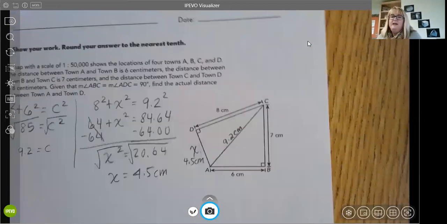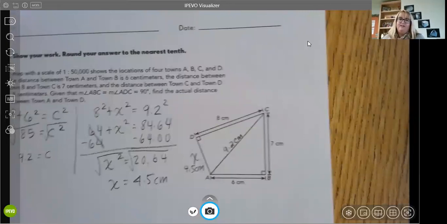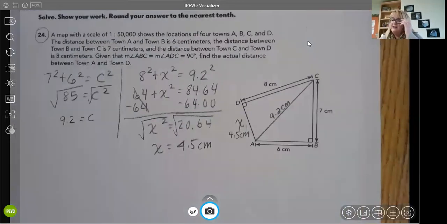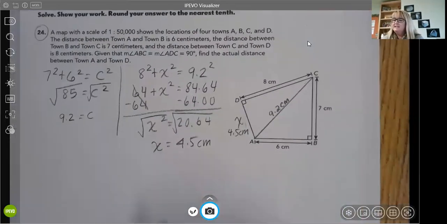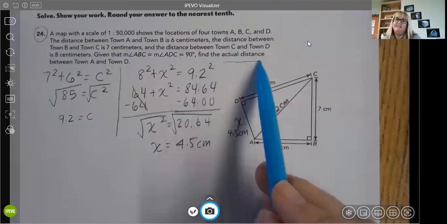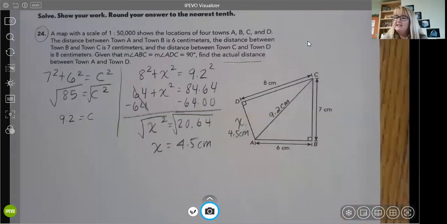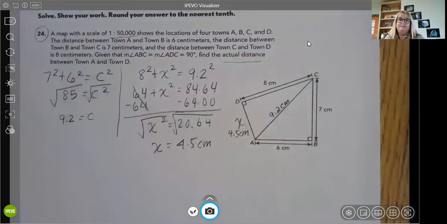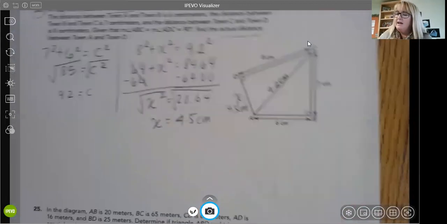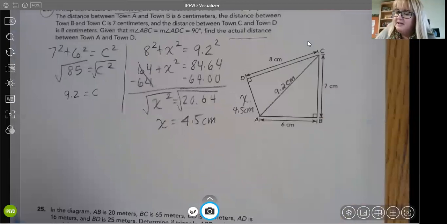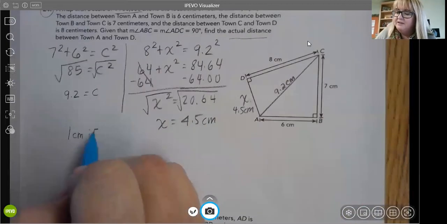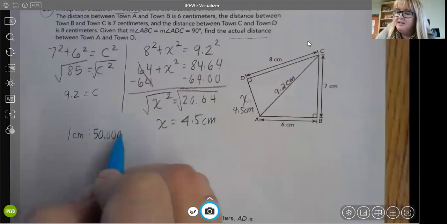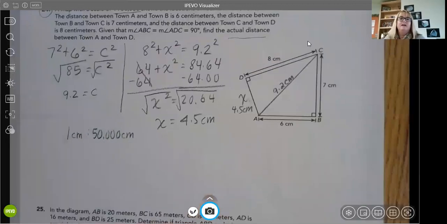Now, the other part of this, once we found what it is on the map, is that it says find the actual distance. And they tell us that the scale is 1 to 50,000. So that is 1 centimeter to 50,000 centimeters. Okay.